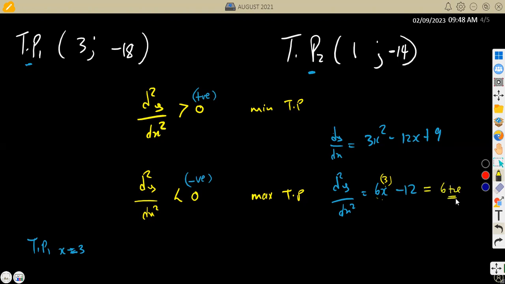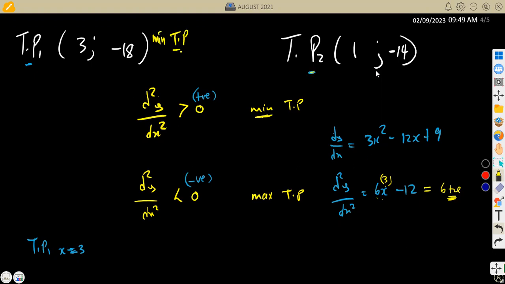As you can see, the value is positive. If the second derivative gives you a value greater than 0, then that's a minimum turning point. So our first turning point here is a minimum turning point.